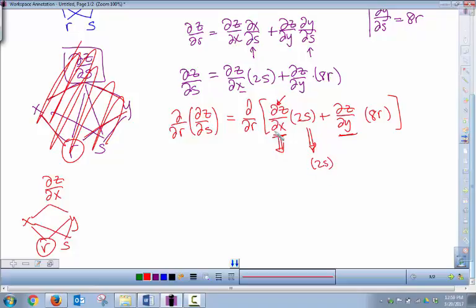And then now let's take the derivative of this thing with respect to r. So the derivative of this is to take the derivative of this thing with respect to x. Can you see that?